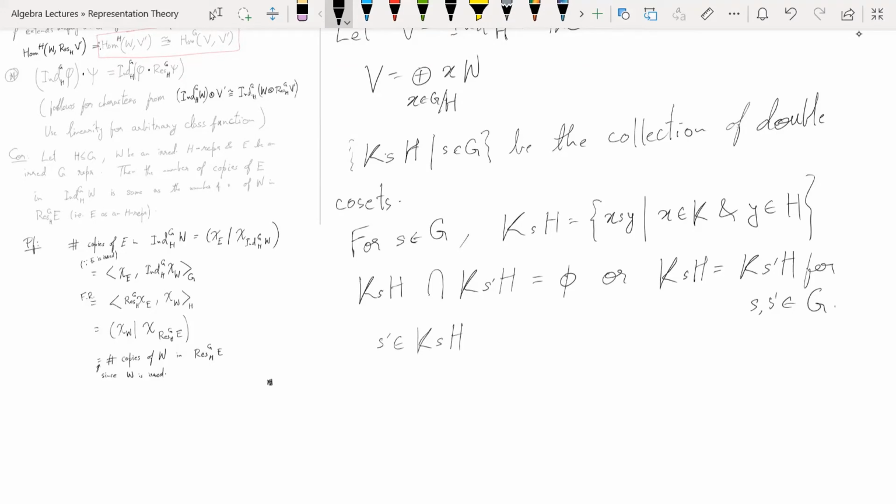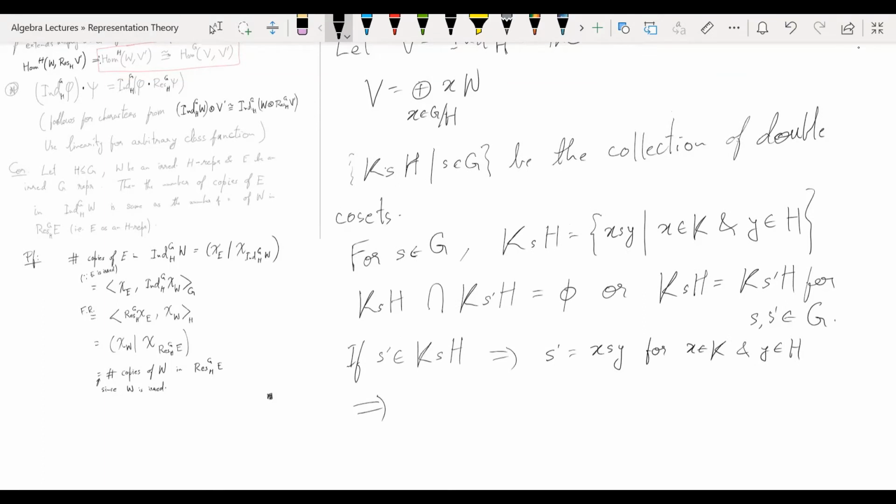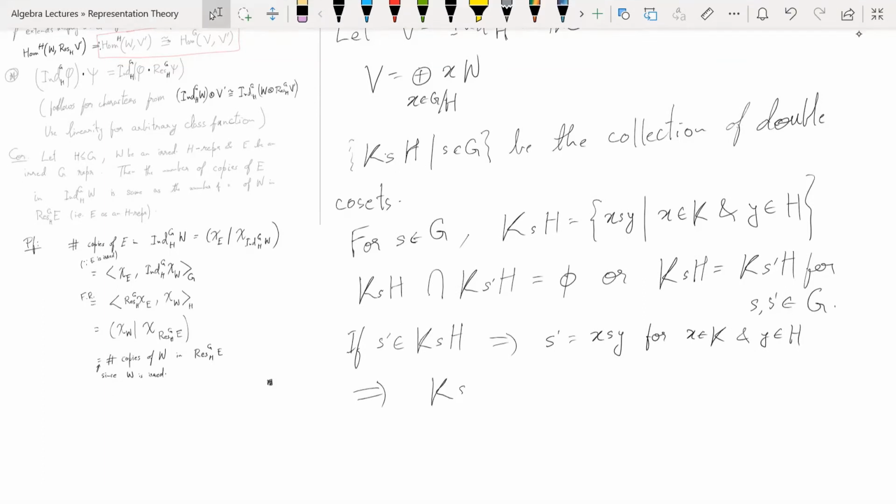If s' belongs to KsH, this implies s' is equal to x_0 s y_0 for x_0 in K and y_0 in H, which implies Ks'H is contained in KsH.